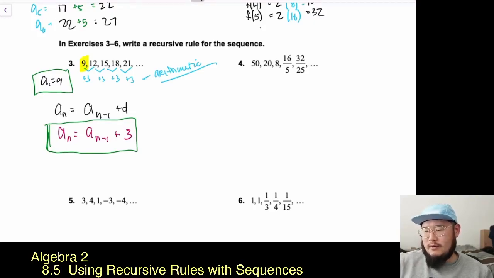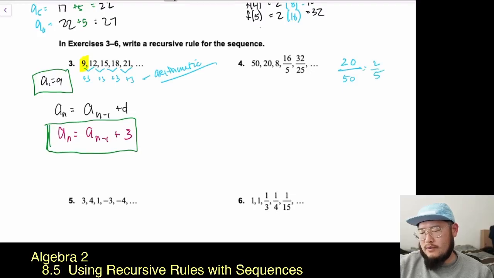Let's see number 4. I take a look. Is it arithmetic? 20 minus 30 is 20. 20 minus 30 is an 8. So it's not arithmetic. Let's see if it's geometric. And remember, the rule for that, we take the second term, divide it by the first term, and we got 2/5.